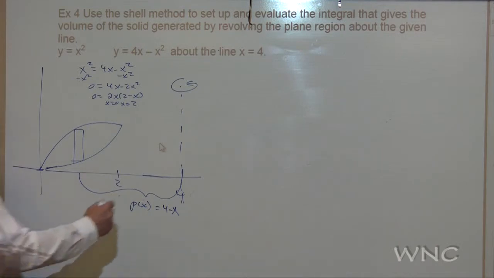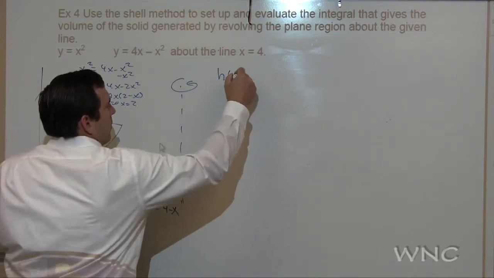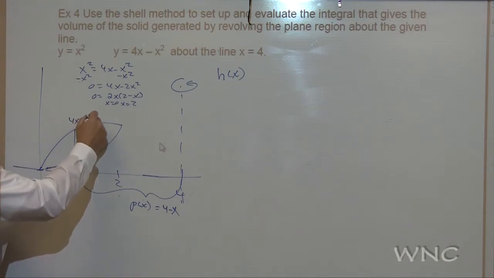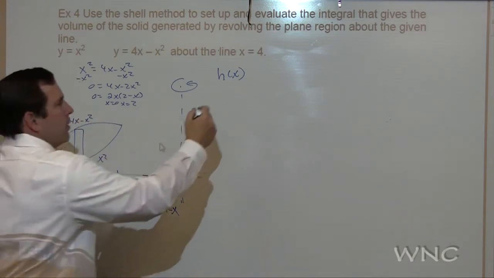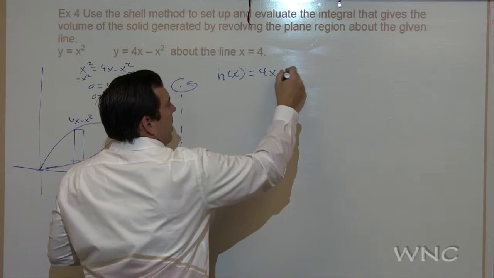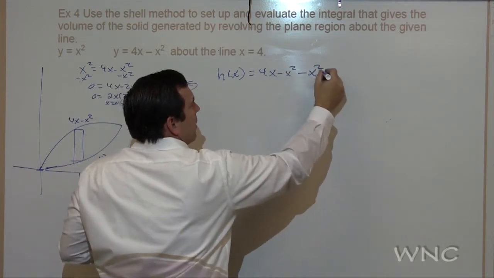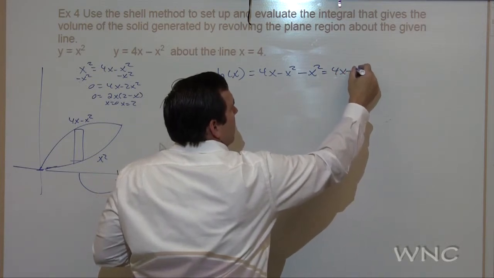How about our h of x? So h of x will be the upper curve, and the upper curve is 4x minus x squared, and the lower curve is x squared. So h of x is 4x minus x squared minus the lower curve, which is x squared. So we're looking at 4x minus 2x squared.